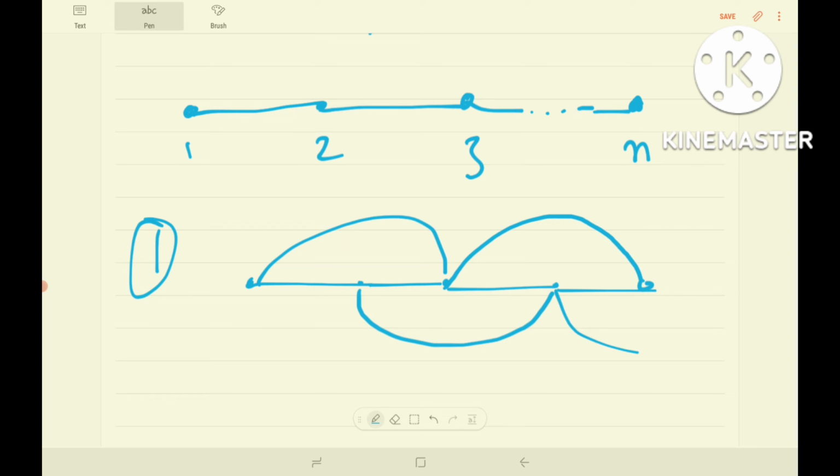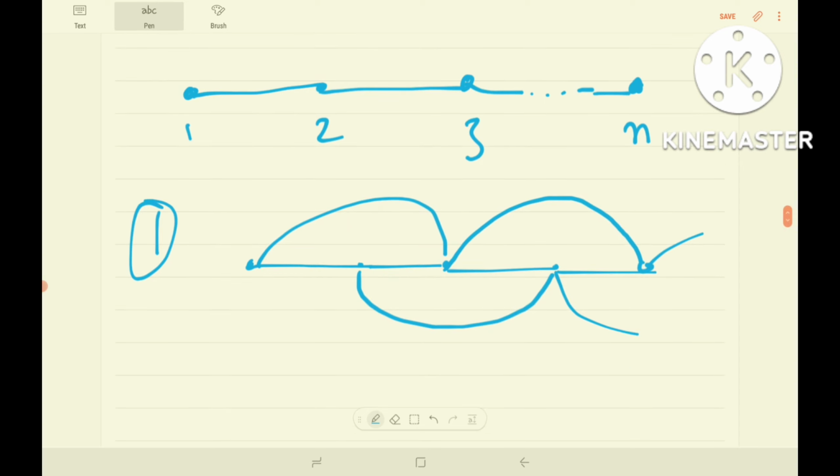It goes on till n. So what we need to find out is the number of steps it will take for the third vertex to be connected with the last vertex.